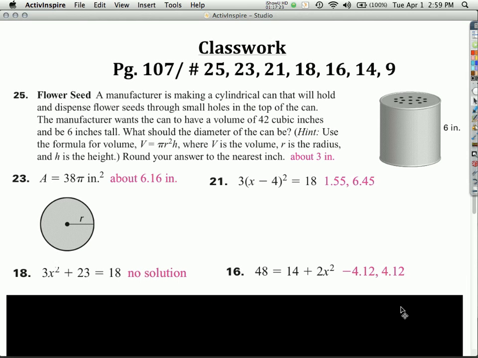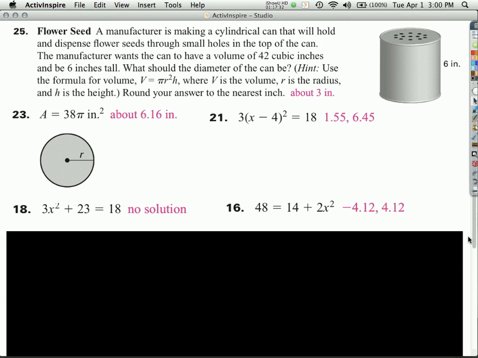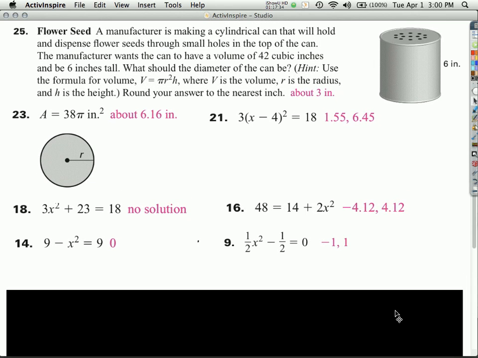Number 18 has no solution. Number 16 comes out to plus or minus 4.12. And the last two were super ridiculously easy. Comes out to 0. And number 9 comes out to plus or minus 1.